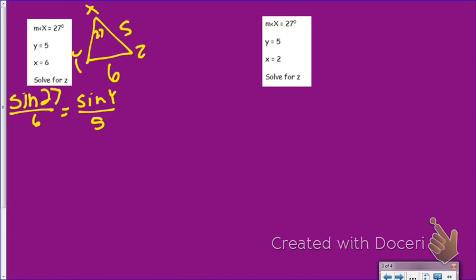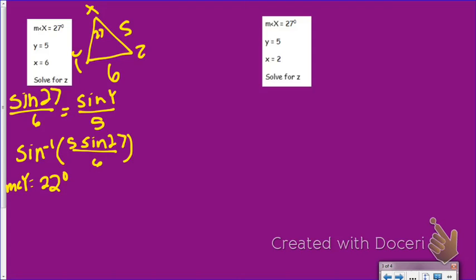If I solve this proportion, I would have to take an inverse again. I would be doing sine inverse of 5 times the sine of 27 divided by 6. And typing that in my calculator, that gives me an option of 22 degrees. And that's for angle y.